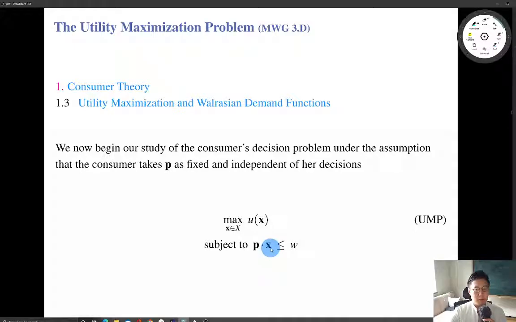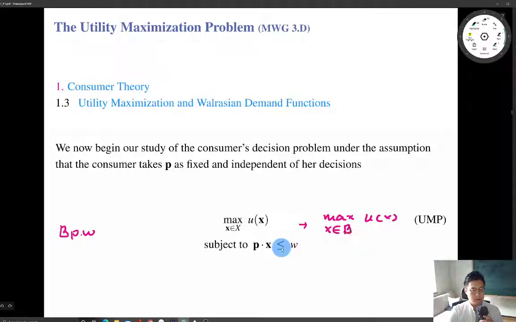Remember, the budget set B depends on two parameters, the price vector P and wealth W. It is the set of all bundles satisfying this inequality. So using that set B, we can rewrite this as maximize u of x, where x is an element of set B.